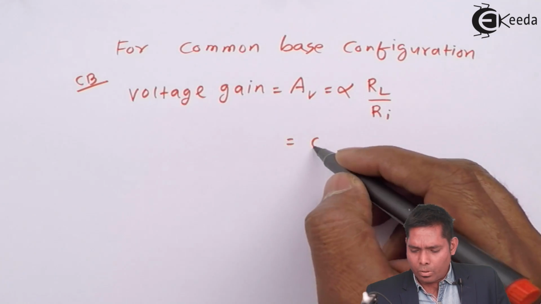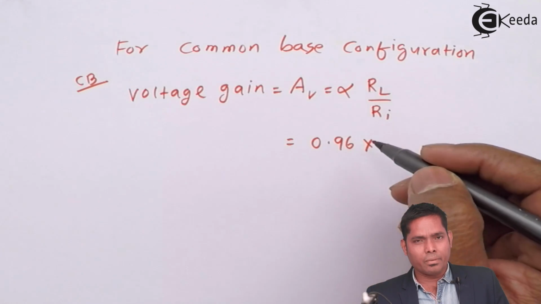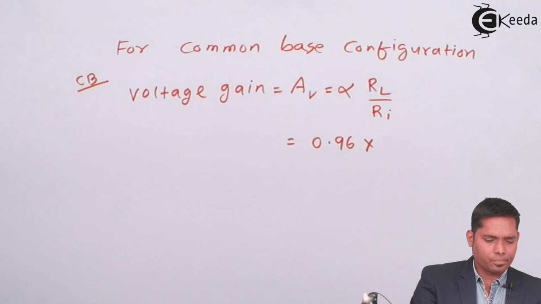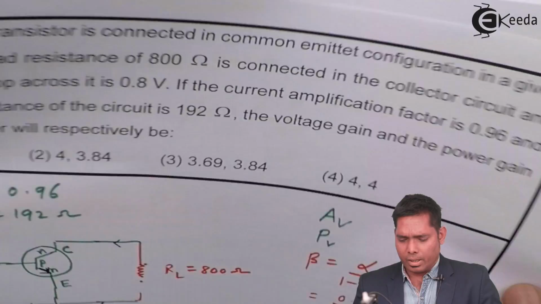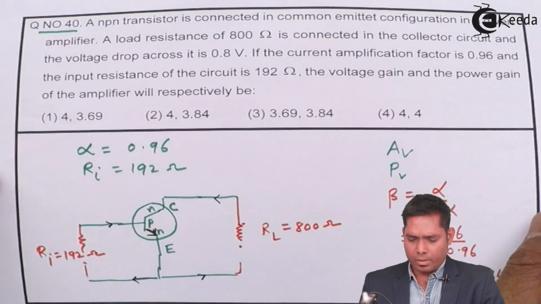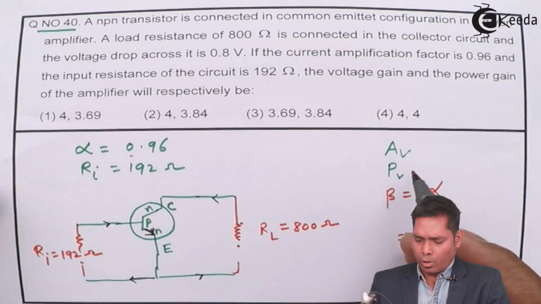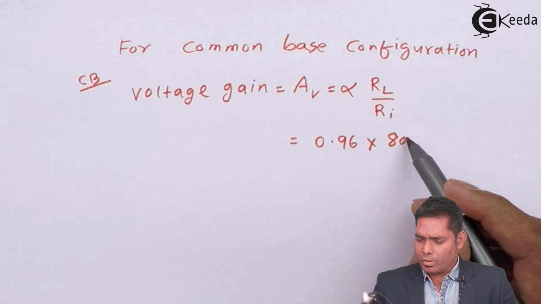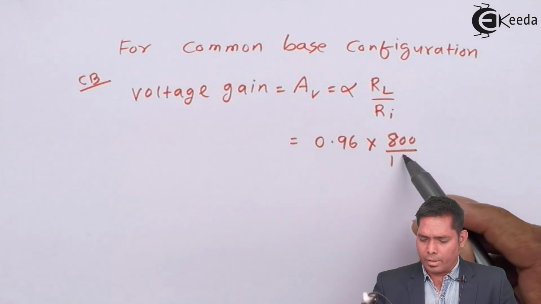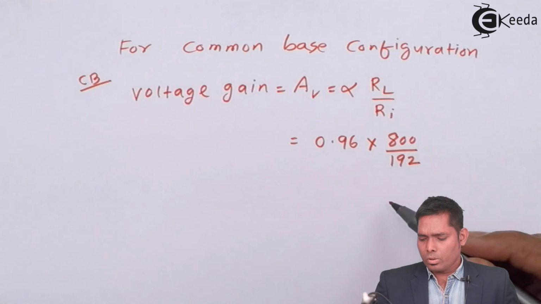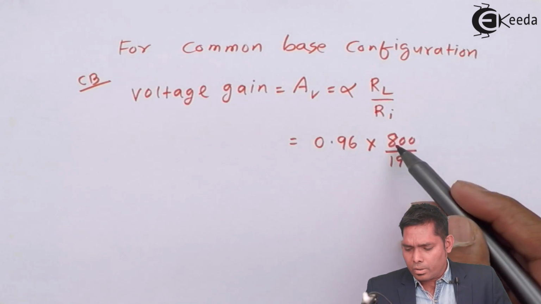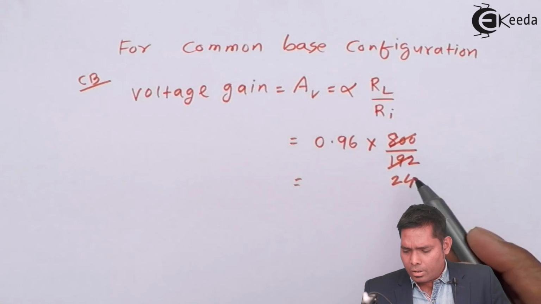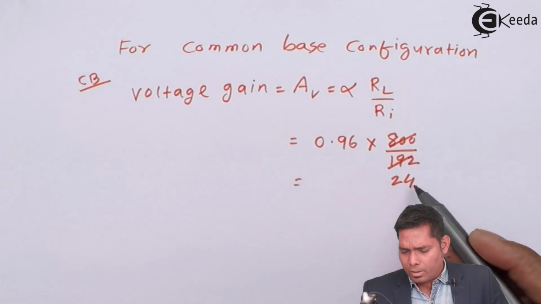This alpha we got as 0.96, already given in the question. Output is this, input is this, just put the values. 800 divided by 192, so this is 24, which we already got last time.